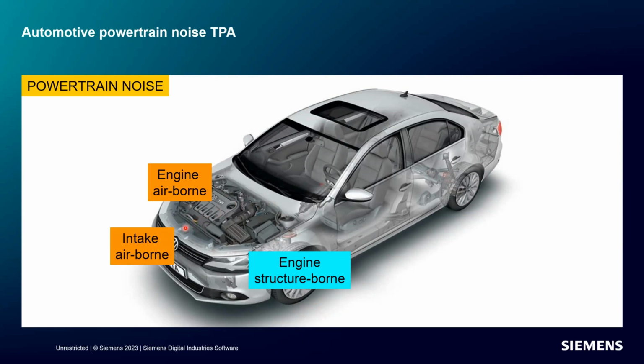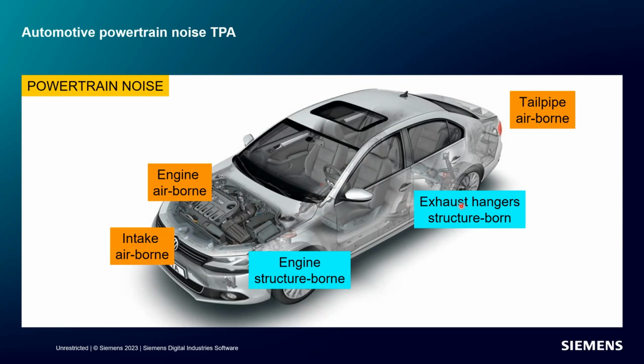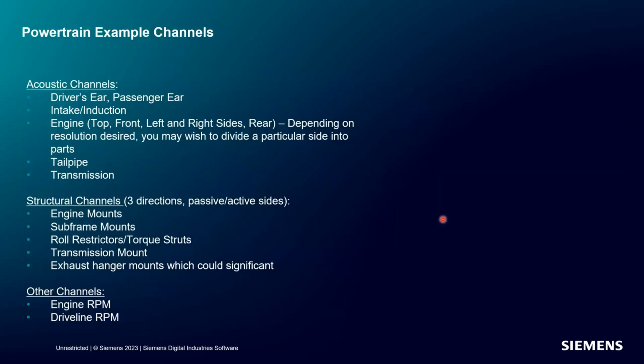We have an intake system that could create sound at the operator ear, the tailpipe, and then depending on where you define this source, you could also have things like exhaust hangers, because the exhaust system is attached to this engine in this case. And so you very quickly get a large number of potential paths, 3 directions each. These are the types of things that you would need to consider, measure or simulate in order to do a transfer path analysis.